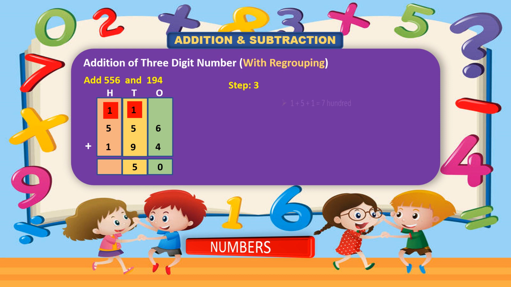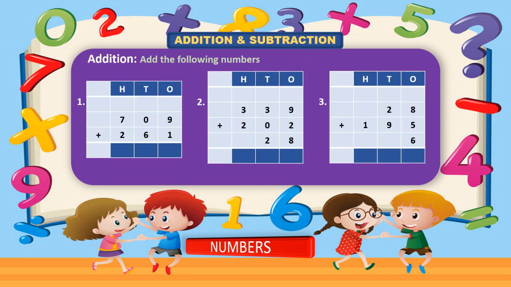Step 3. 1 plus 5 plus 1 is equal to 7 hundreds. So we put 7 in 100 place. So the answer is 750. Few examples for addition with regrouping.